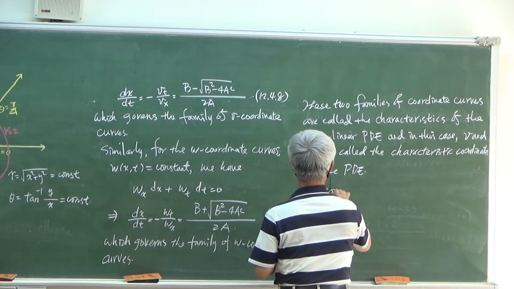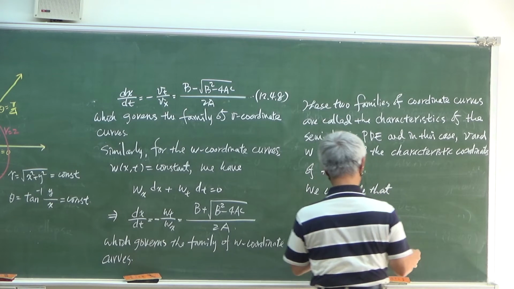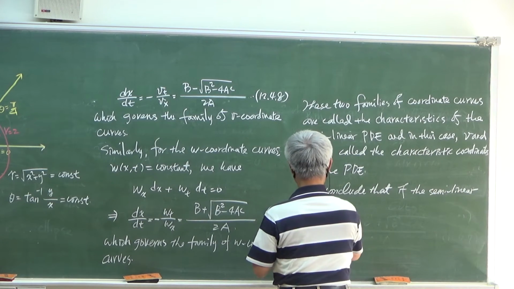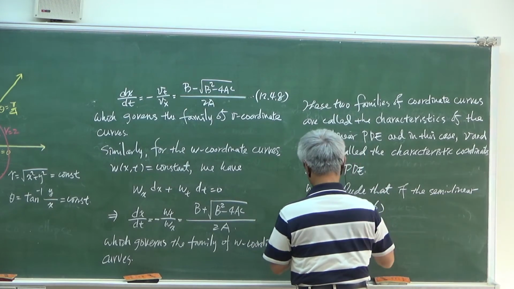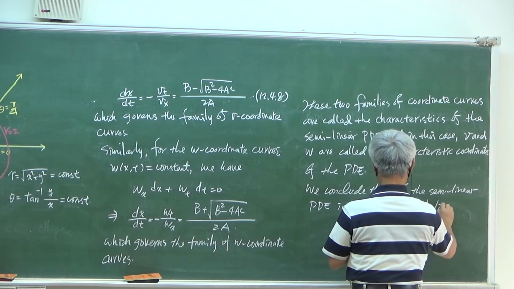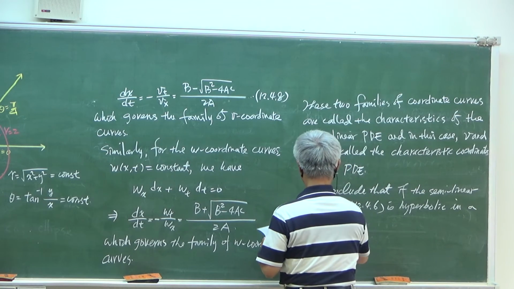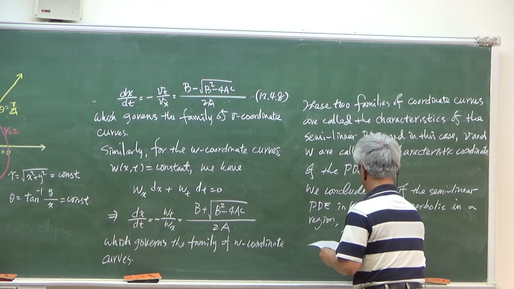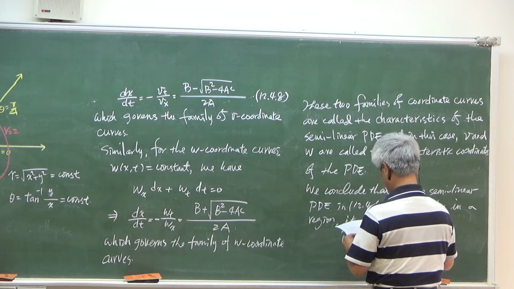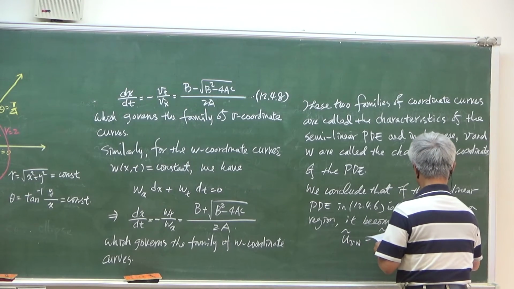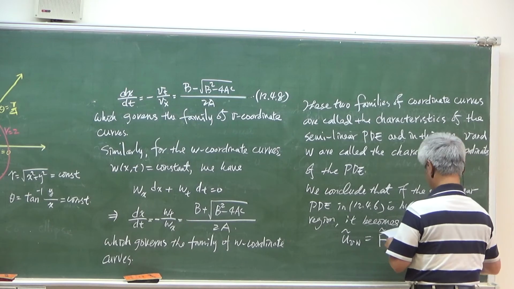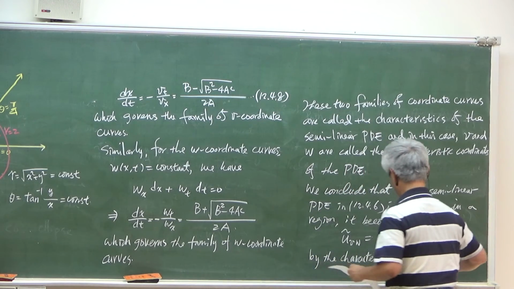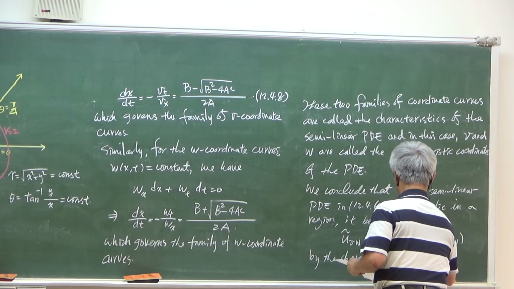So we conclude that if the semi-linear PDE in 12.4.6 is hyperbolic in a region, it becomes U_vw equal to F(v, w, U, U_v, U_w) by the characteristic coordinate transform.